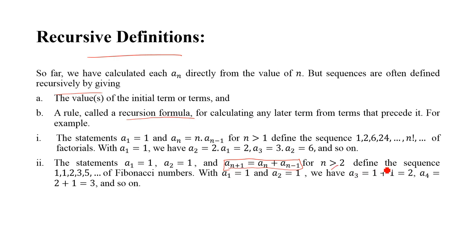This defines the sequence 1, 1, 2, 3, and this is called the Fibonacci number sequence. With a1 is 1, a2 is 1, we have a3 is 1 plus 1, which is equal to 2, a4 is 3, and so on. So this is the very well known Fibonacci number sequence.